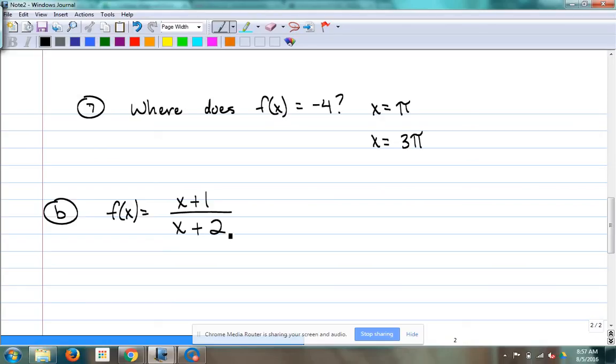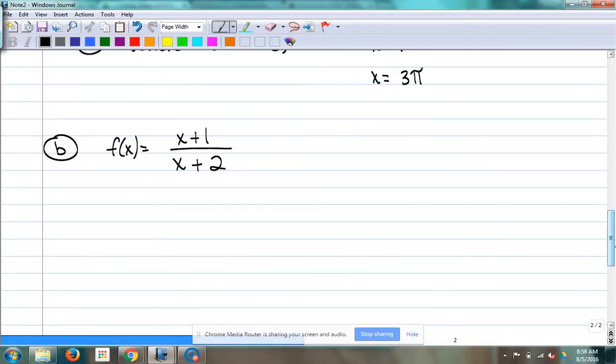Maybe we got this function. They're telling me it's a function. Maybe I know what it looks like as a graph. Hopefully from Algebra 2 you remember, or at least we know how to type it into a graphing calculator and get it to draw it. Okay, let's answer some questions about it.